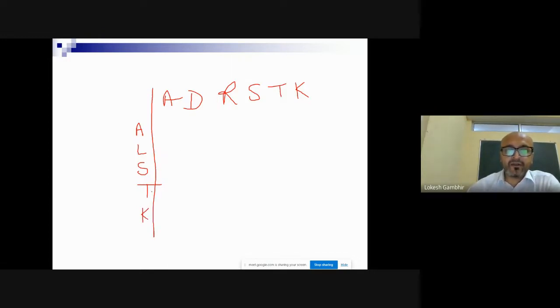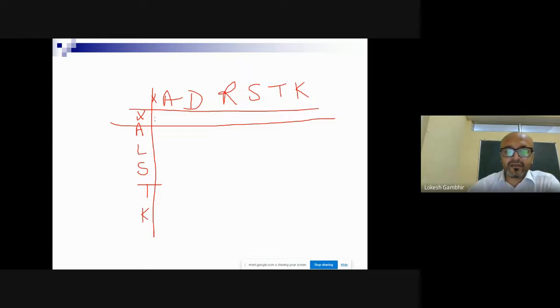So what are they doing? They went for the same type of arrangement. Let us talk about the same sequence that we have shown: A, D, R, S, T, K, and we have matched it with A, A, L, S, T, K. If you want to match these two sequences, they first incorporated a dummy variable, keeping XX and XX here.